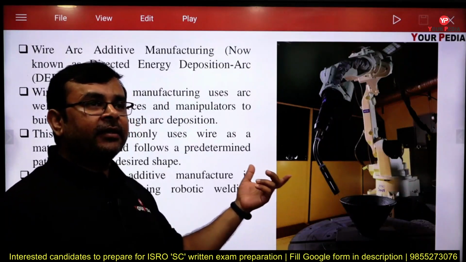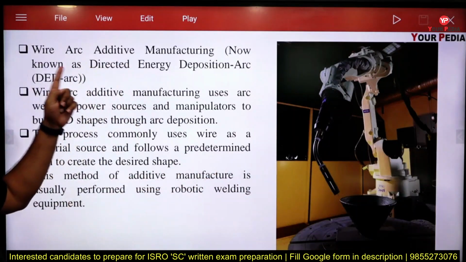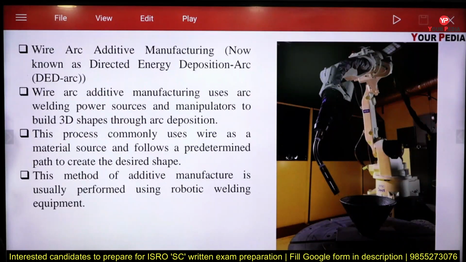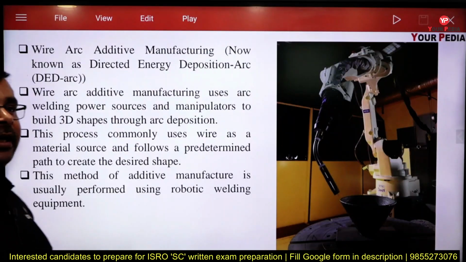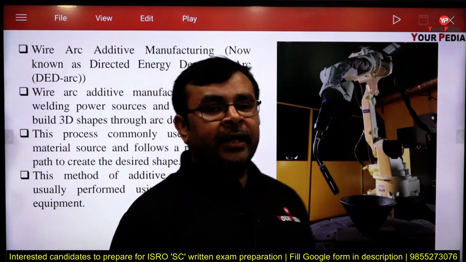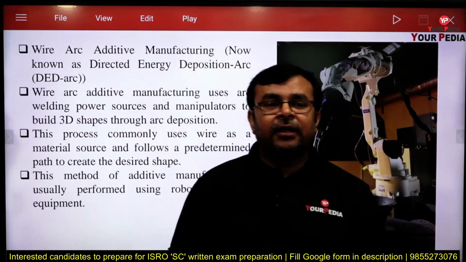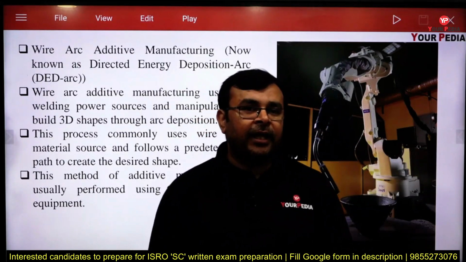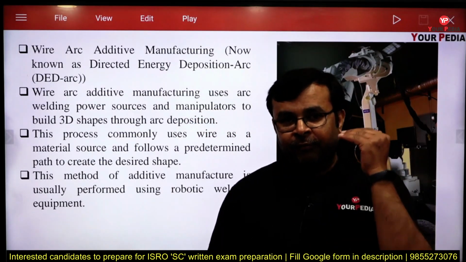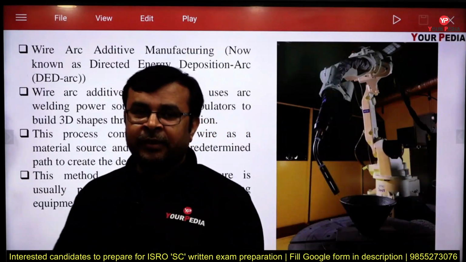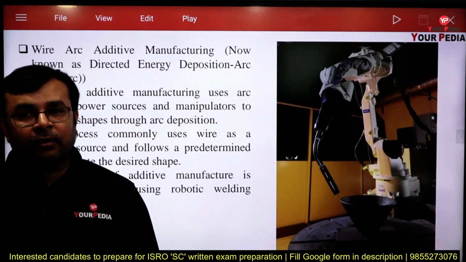This is called the wire and arc additive manufacturing process, and it is one of the direct energy deposition methods. In this method we use a welding arc as the heat source, and electrode wire in the form of a coil is used as the feedstock material.